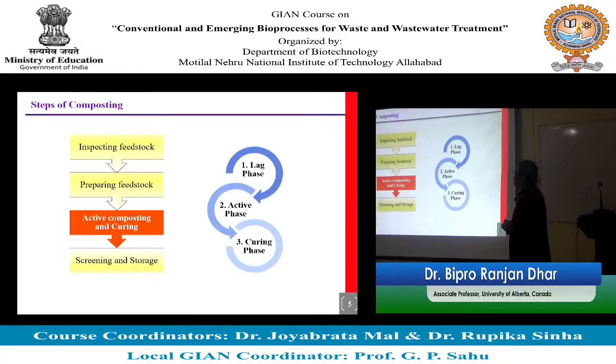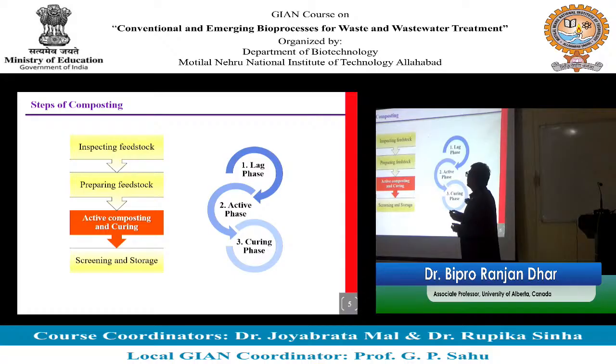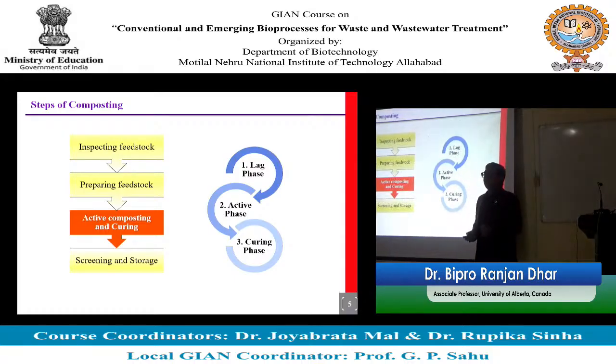The steps involved in composting start with inspecting the feedstock. First of all, if you receive a feedstock for your composting, you have to inspect it and remove any undesired items.